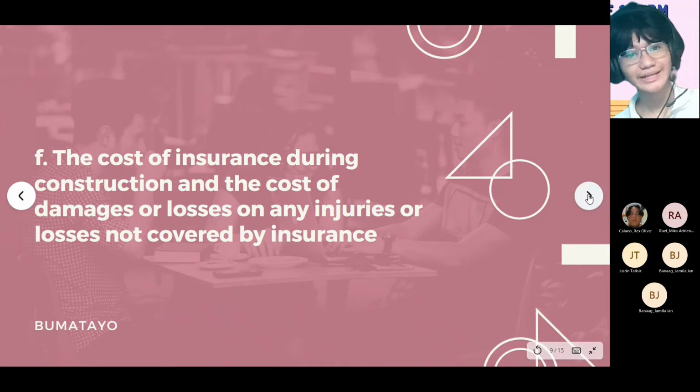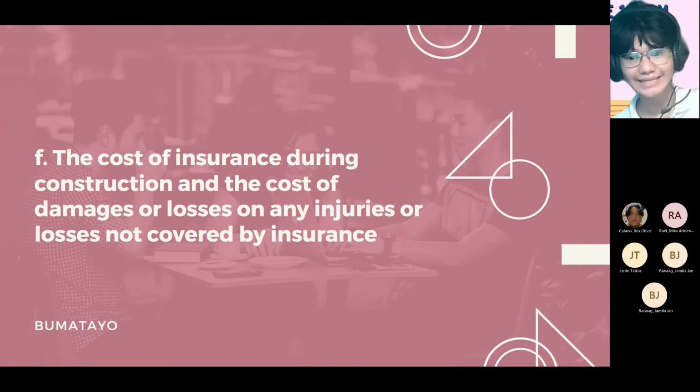In this question, we will analyze that the business did only 2 transactions, which are paying the insurance expense of the construction and medical fees for the uncovered payment of the injuries or losses not covered by insurance. With this event, as per the golden rule of accounting, once something is gained, there will always be a loss, which is the cash that is used for the payment of the 2 expenses.